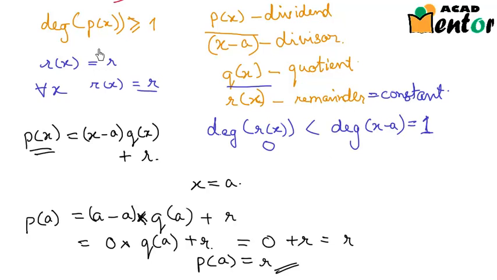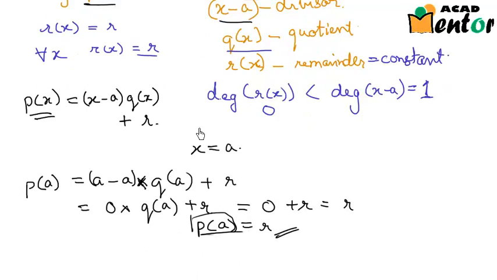So for any polynomial p of x whose degree is greater than or equal to 1 and the divisor is x minus a, I would say that the remainder is given by p of a. R is equal to p of a. Simple. Now let's look at one more example and we'll end with this.